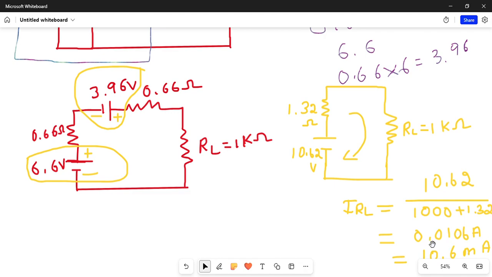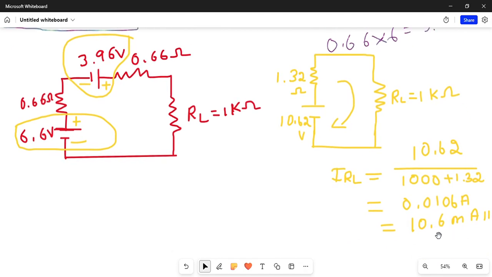If I do that, I am going to get this resultant, 10.6 milliampere. Actually this circuit is according to the voltage divider rule, and here also we have used the voltage divider rule. The voltage divider rule is nothing but V equals VT divided by the two resistances, that is R1 plus R2.